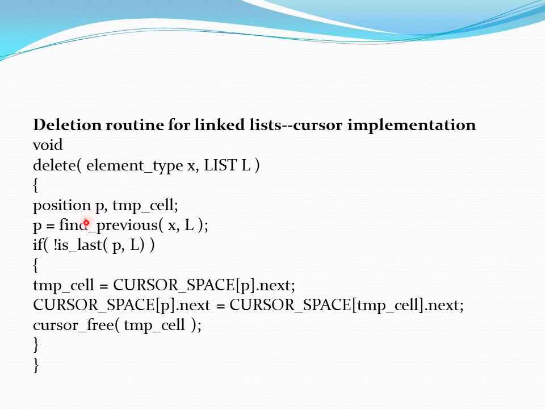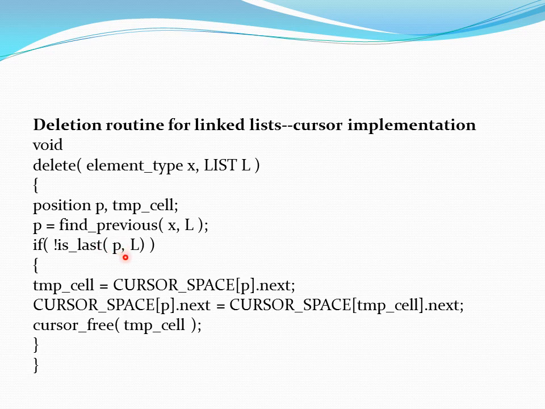So how do we find the previous position of X? Here we create a position P and a temp cell. P equals find_previous(X, L). The search element's previous position is found here. Then if this is not last, if it is last then we have to store the index value as 0.